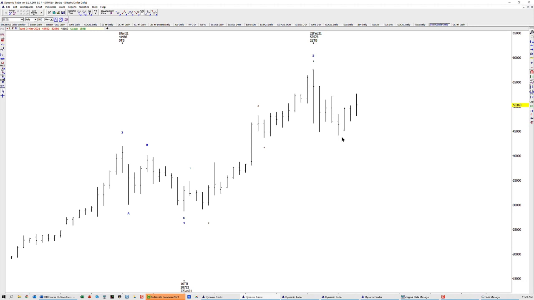So what is one alternative that could be happening here? And that alternative is, this is such a beautiful, impulsive 5-wave advance. If this is pretty solid as an ABC wave 4 correction, this then would have to just be a wave 1 of a wave 5, of a 5-wave advance.